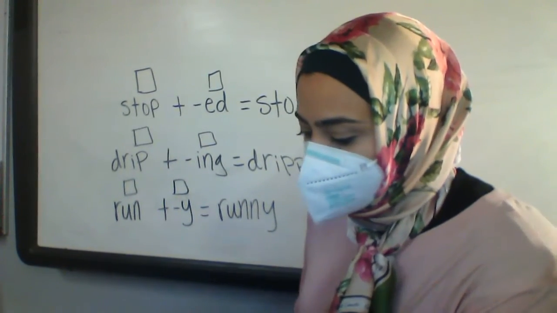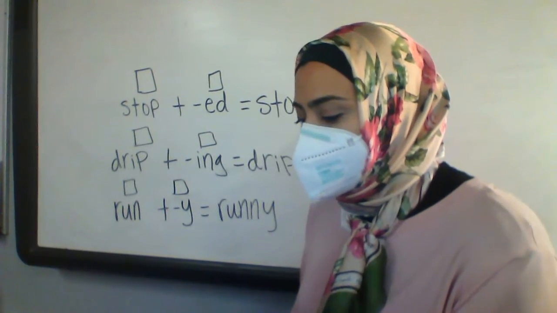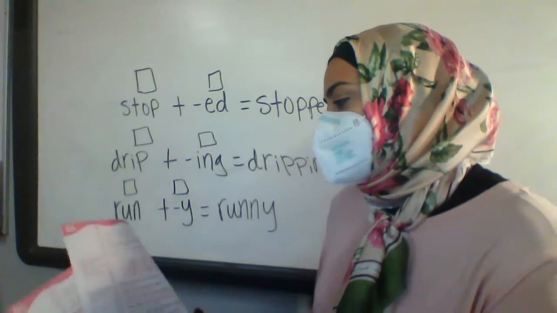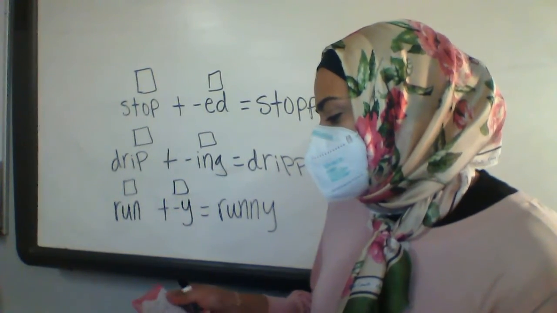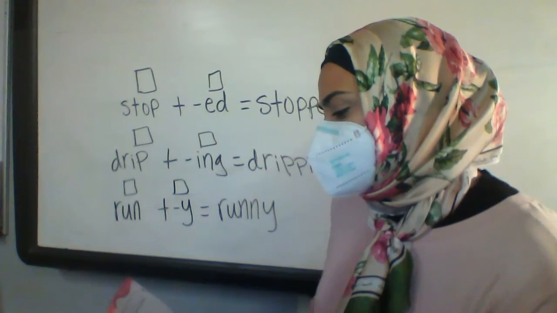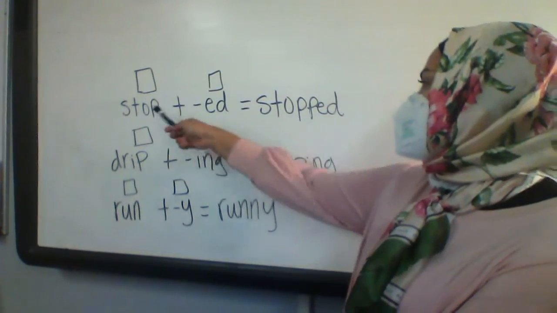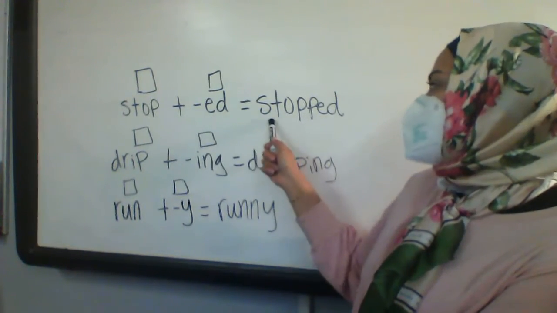Okay? When we add suffix ed to the word stop, what is unusual in the new word that is formed? In each of these words, the final consonant was doubled before the suffix was added. Now let's look at the other word. So in stopped, you see that consonant? It's doubled when you spell it.